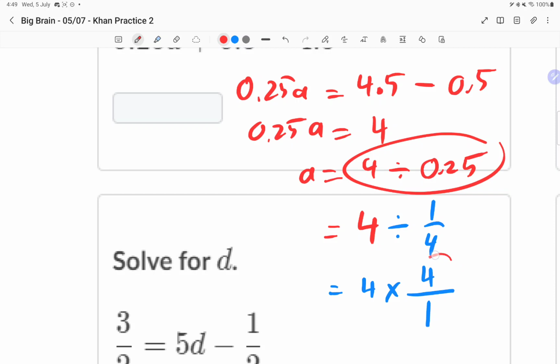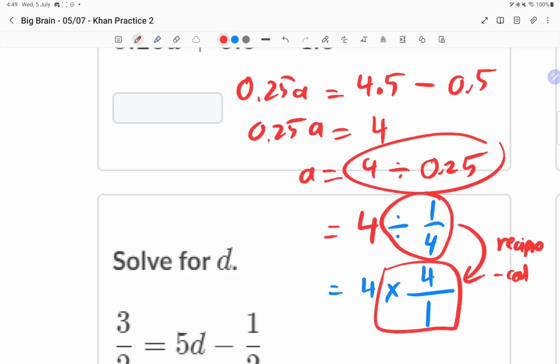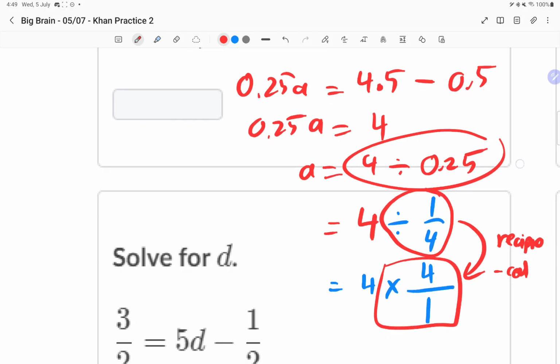The reciprocal, that's right. The reciprocal is just you flip the fraction around, right? 1 over 4 becomes 4 over 1. And that's how you deal with dividing by a fraction. You change it into multiplying by the reciprocal of the number.